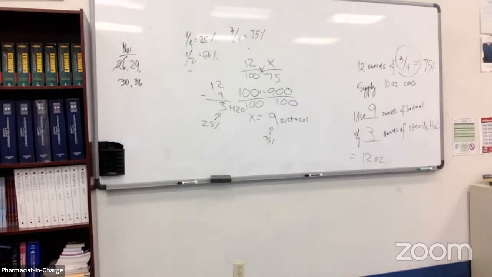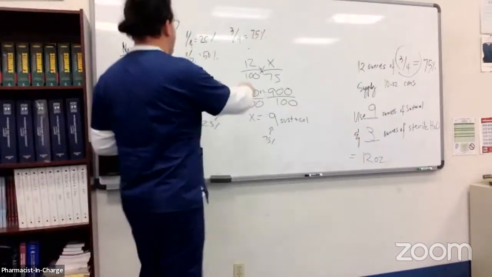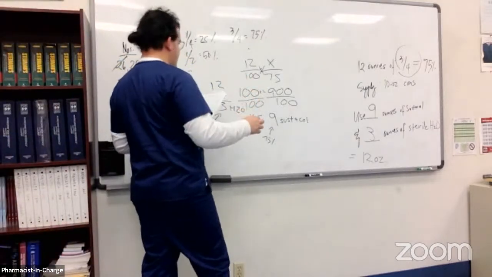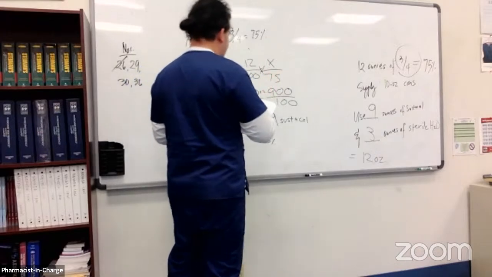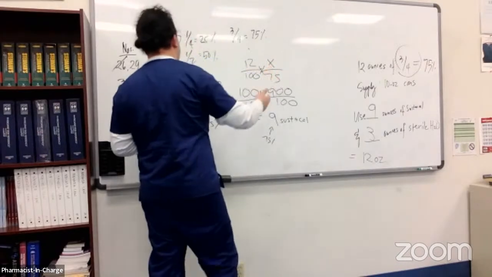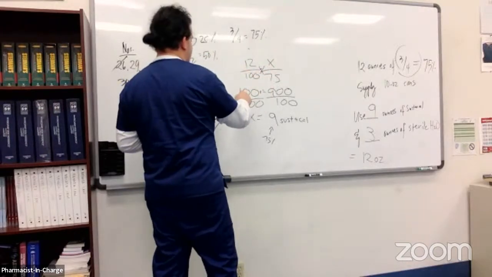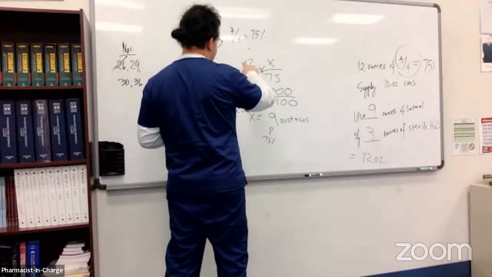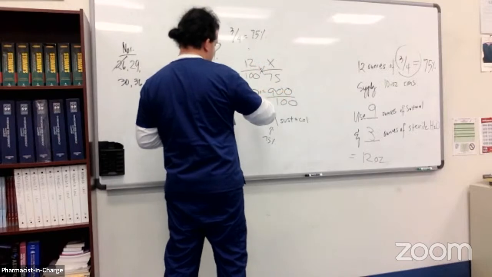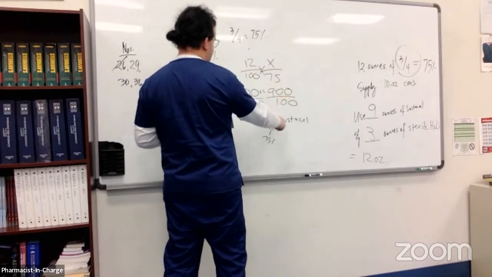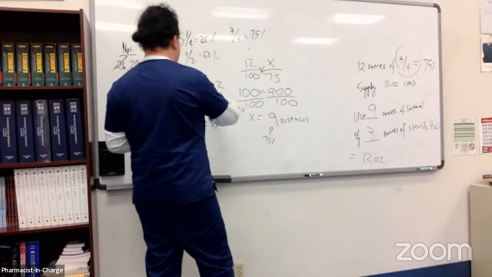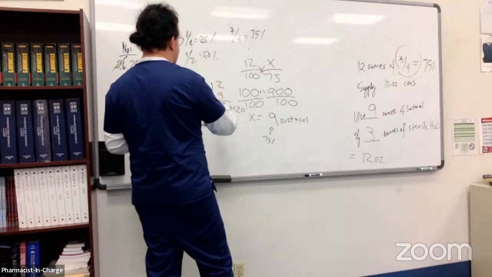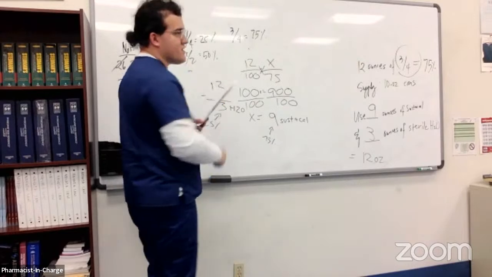Yeah, so I knew the 12 ounces was the whole thing. That's why I put the 100% there. And I decided to start solving for one of the two, which is the 3/4 or the 75%. I cross multiplied: 100 over 900 is 12 times 75 is 900. Divided everything by 100 and I got 9. And I knew 12 was the whole thing minus 9. That's what 25% had to be, 3 water.